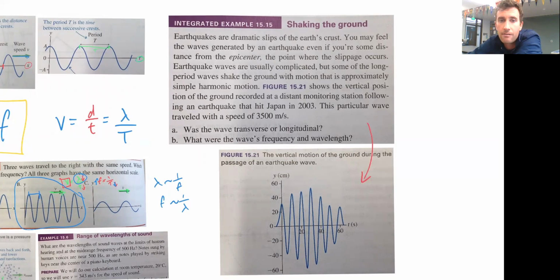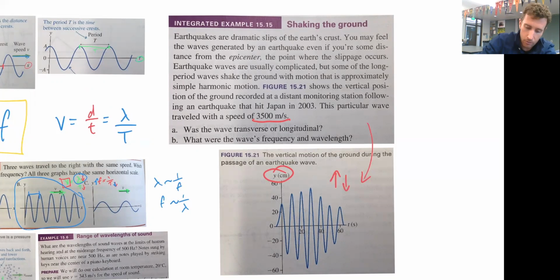This particular wave traveled with a speed of 3,500 meters per second, which kind of makes sense. It was going through the Earth. Oh, it's not the speed of sound, though. Never mind. But it's in the thousands, which is reasonable. All right, was the wave transverse or longitudinal? Looking at the graph, it appears to have motion on the y-axis, which means it's going up and down.